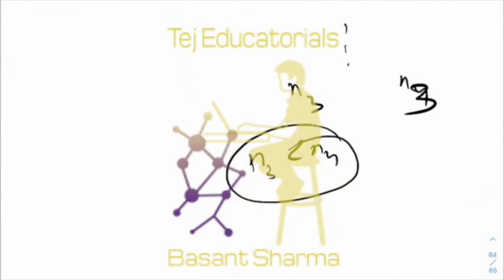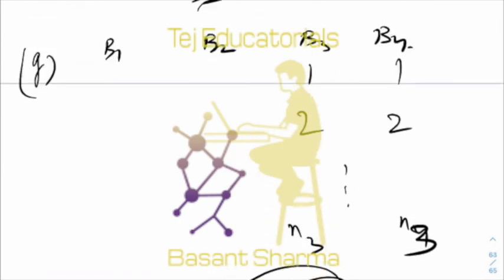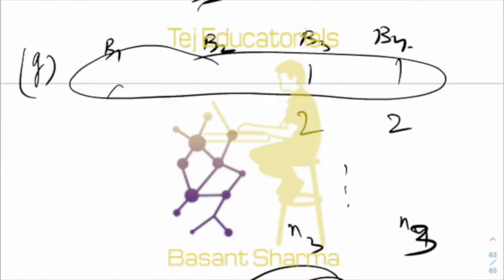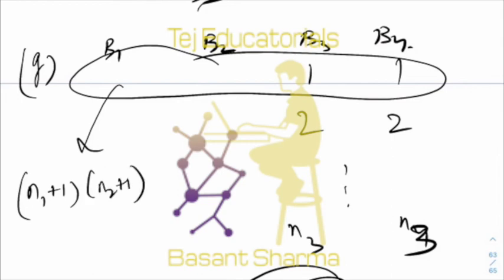Okay, so this is nothing but, for each of these cases, for example, for the first case, how many ways will you have? You will have n1 plus 1 into n2 plus 1, because you can select at least 0 objects from the bag B1 and at least 0 objects from the bag B2. And you have to select one object from B3 and one object from B4.